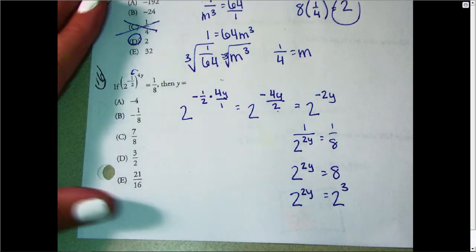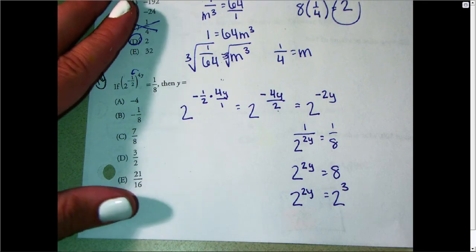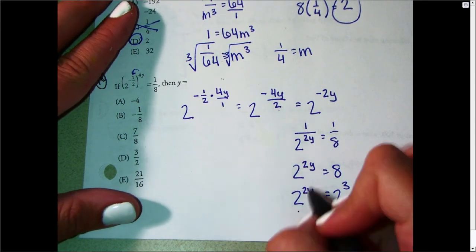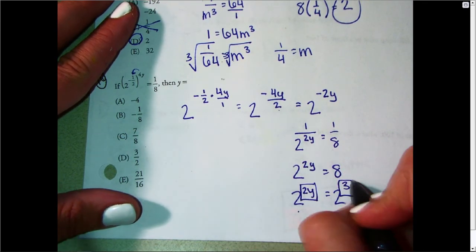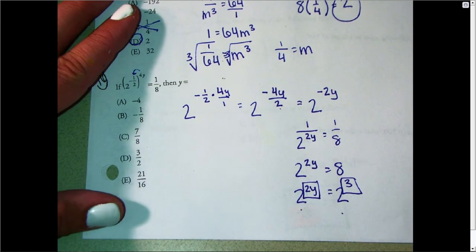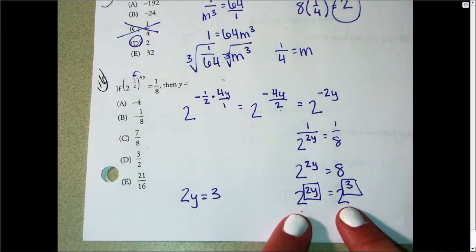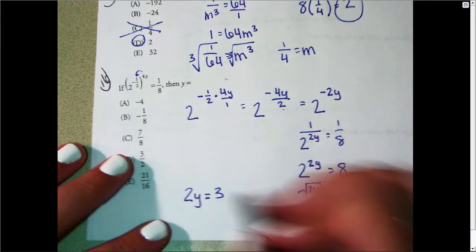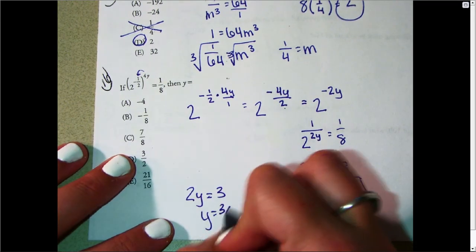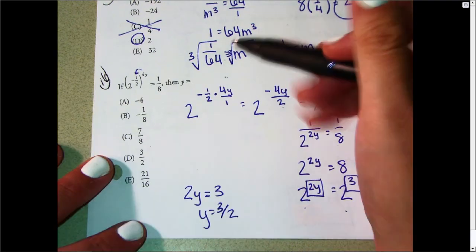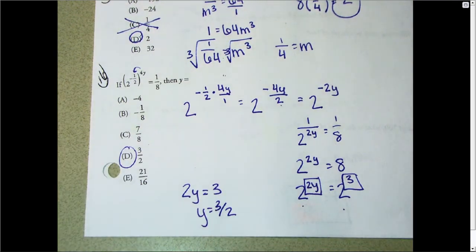So we're trying to figure out our potential value of y. When you have the same bases, you can set the exponents equal, meaning 2y must equal 3, because remember, the bases are identical. Dividing by 2 would give me y equals 3/2. So my value of y is 3/2.